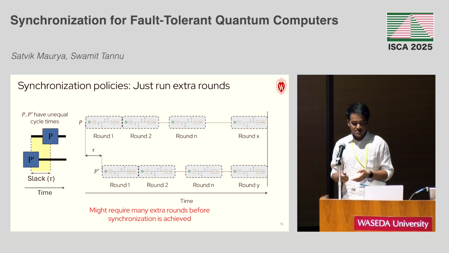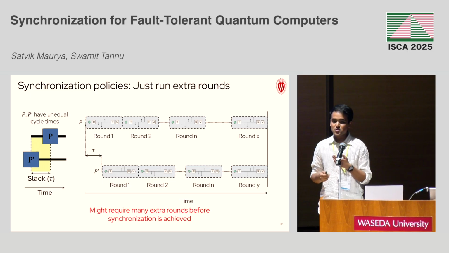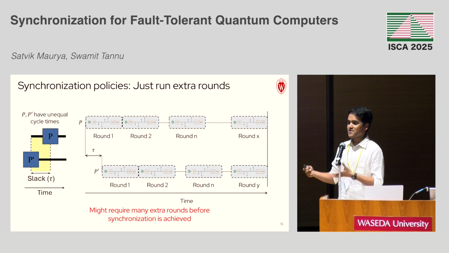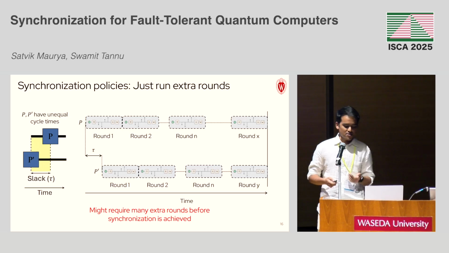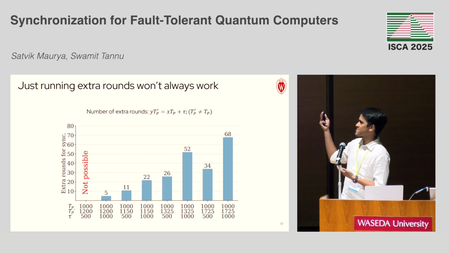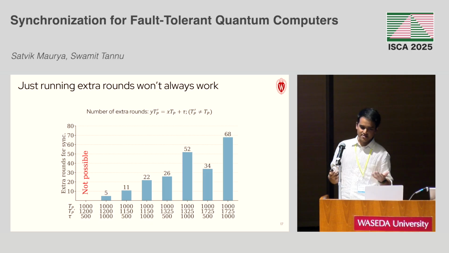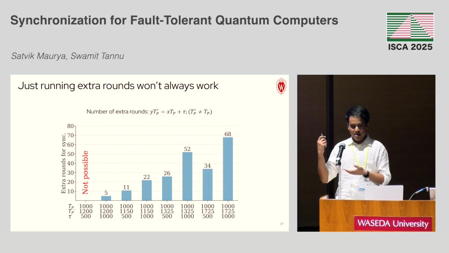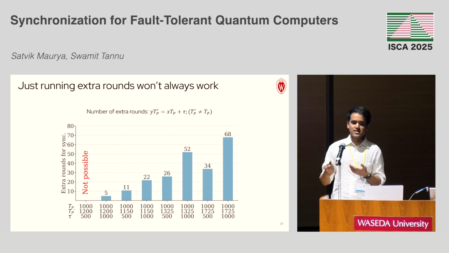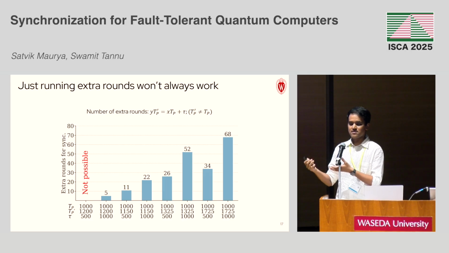A caveat of this approach is that you could require a lot of extra rounds before the two logical qubits synchronize naturally. To illustrate that, let's look at some data. On the x-axis of this graph, I have different combinations of the syndrome generation cycle times for P and P prime, as well as the synchronization slack.